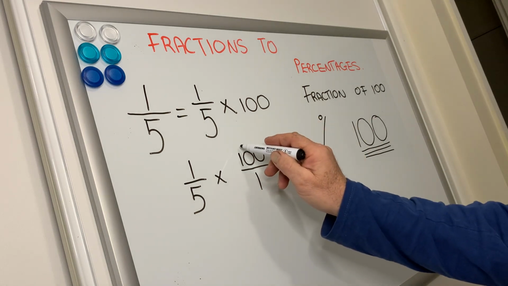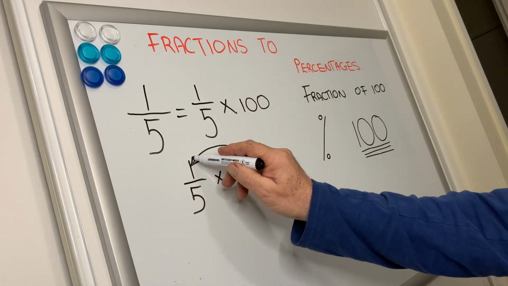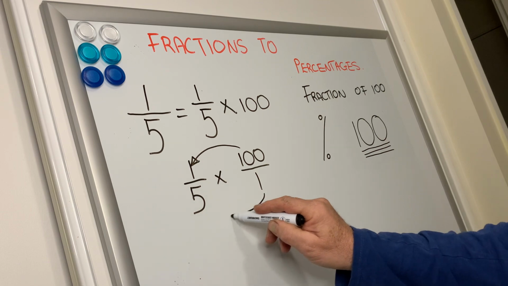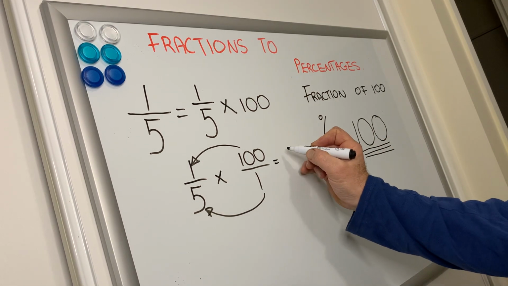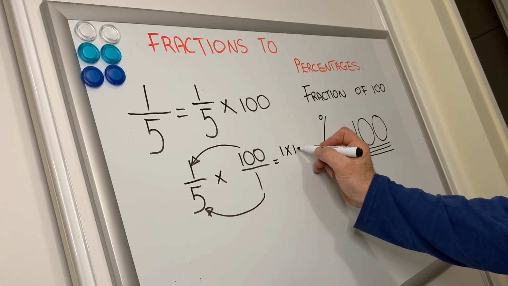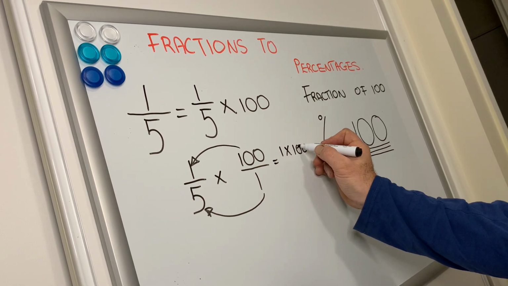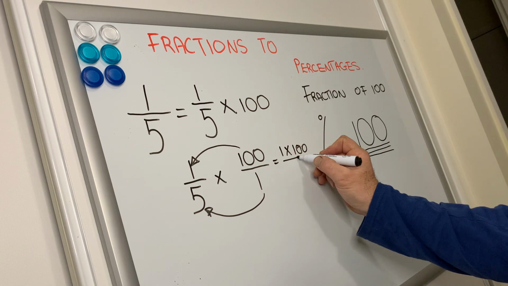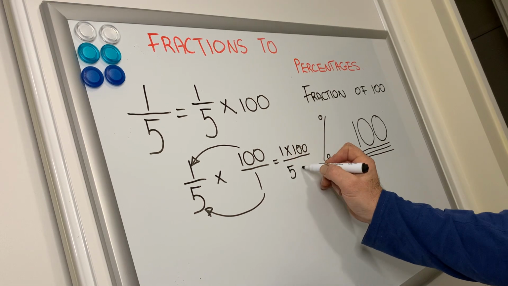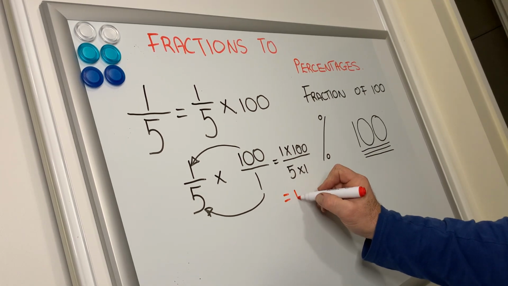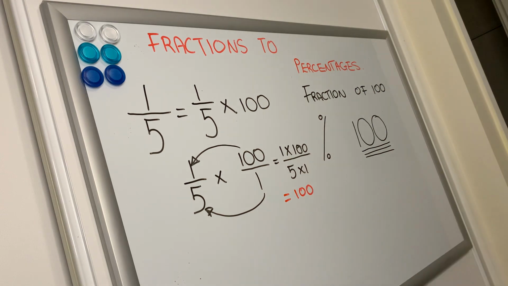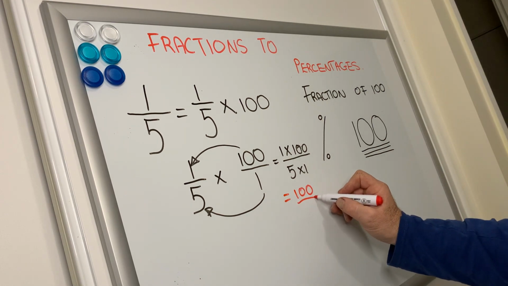We've got our numerator, where we multiply 100 times 1, and our denominator of 5 times 1. So that's 1 times 100 divided by 5 times 1. 1 times 100 is equal to 100. 5 times 1 is equal to 5.